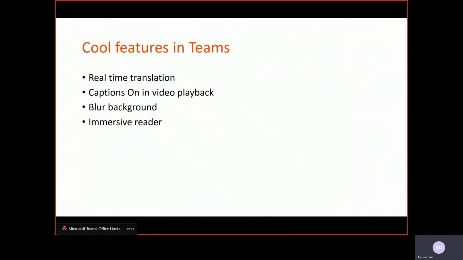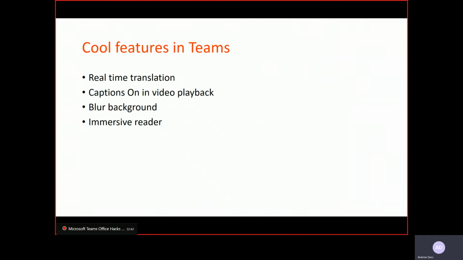The other one will be immersive reading. Immersive reading is another feature you can turn on for people who are visually challenged. For example, some people are not able to see the screen, or the screen looks very blurry for them.